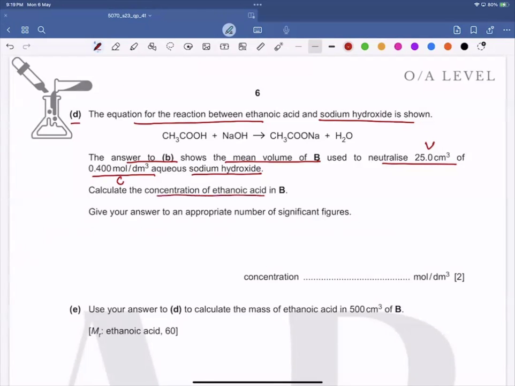Calculate the concentration of ethanoic acid in B. Give your answer to an appropriate number of significant figures.